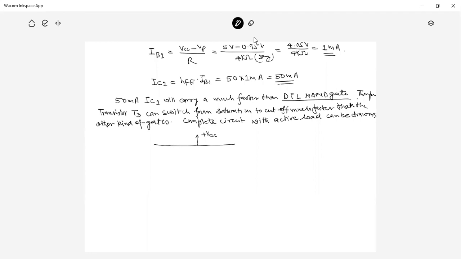So we have this resistance, and then there is one base, this is point A. Here it is a capacitor.